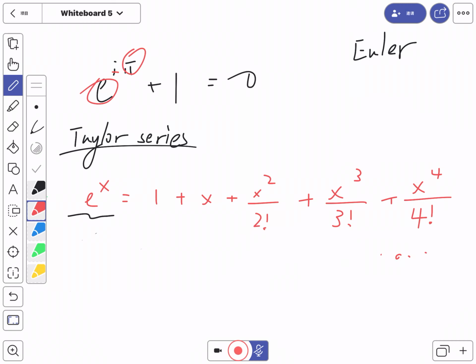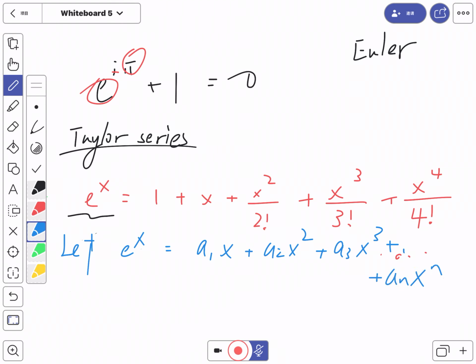We can let e to the x equal a0 plus a1 x plus a2 x squared plus a3 x cubed, plus dot dot dot plus an x to the n. Check this out.